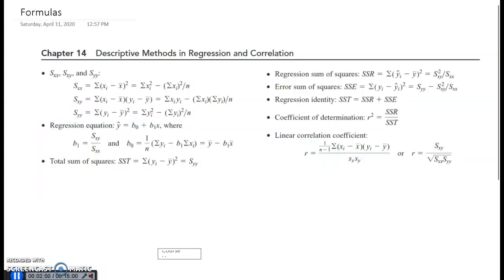Let's take a look at our formula sheet for a second. The formulas I just had up were from here, okay? With me giving you the summations, you can calculate these values, and then use those values for a lot of the other formulas that we're going to do in this chapter.